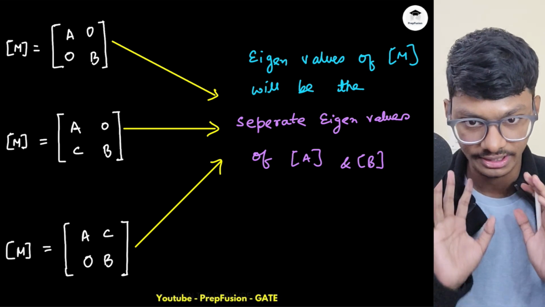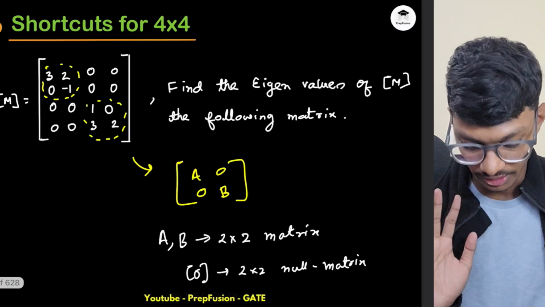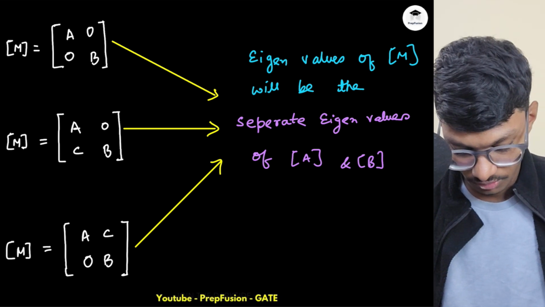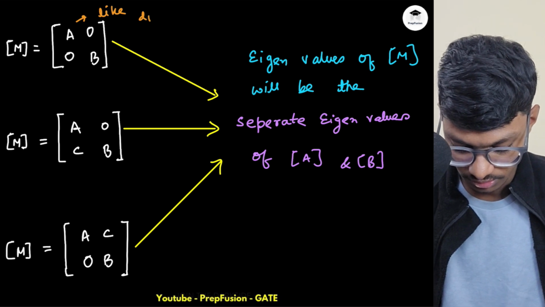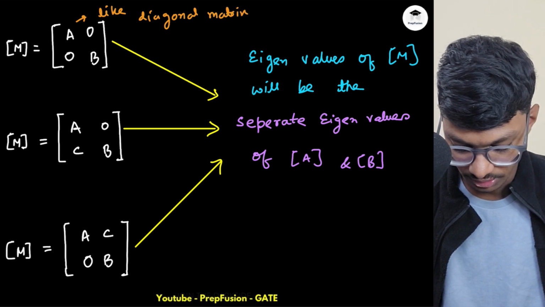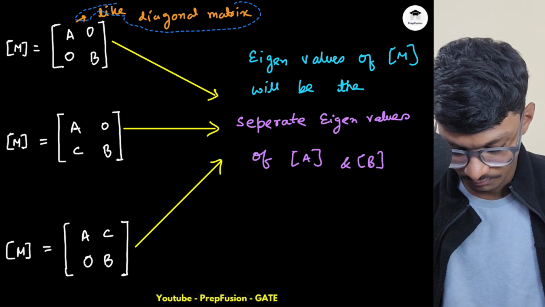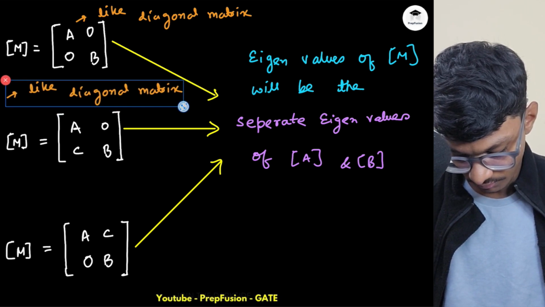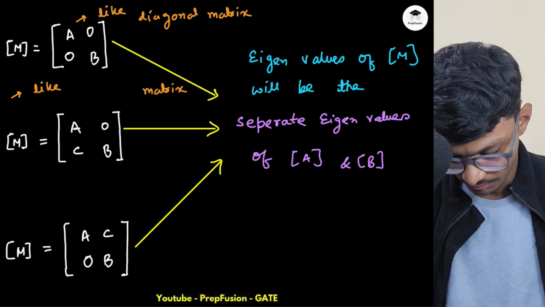It is not exactly a diagonal matrix, but you can remember it like a diagonal matrix. This is like an upper triangular matrix, UTM.